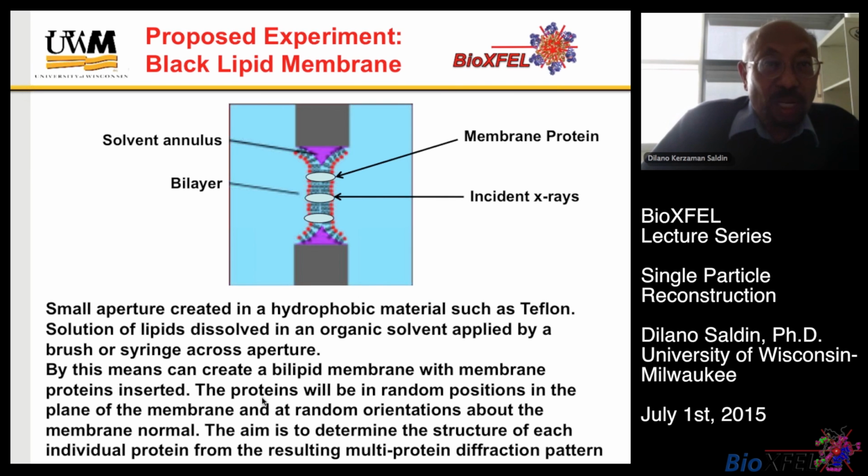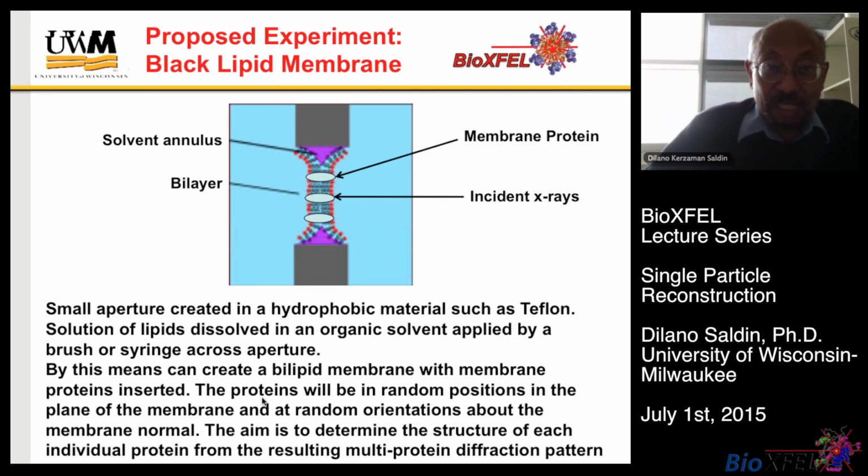Now, one can nevertheless obtain structural information about this membrane protein. So one thing you have to remember is membrane proteins are very difficult to crystallize, and that's because they have hydrophobic surfaces, whereas in a crystal, the proteins tend to be in a hydrophilic environment, and therefore they're very difficult to crystallize.